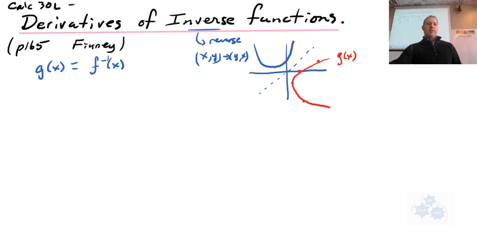One of the properties of inverses is that when you compose functions, and you remember what composition of functions is, like f of g of x, you get something special. Can anyone figure out what we might get if we do this? They're inverses of each other.